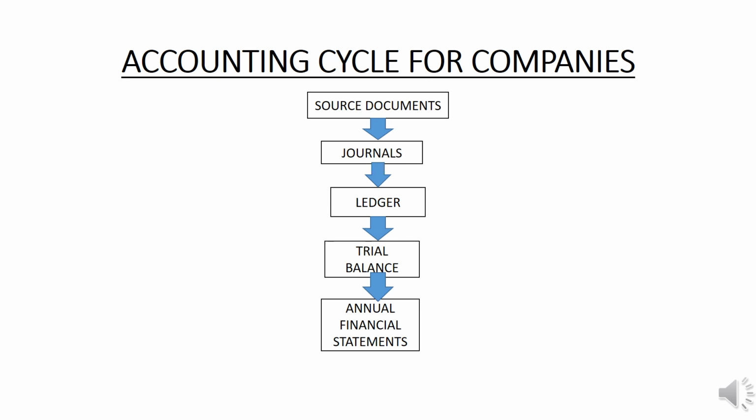So, for example, your sales account will be the sales that we made from the beginning of the year until the end of the year. The amount for rent income received will be from the first month until the last month of the financial year.